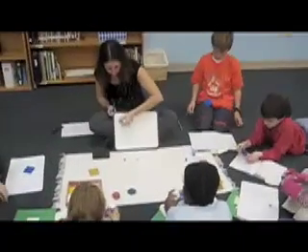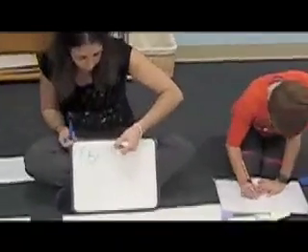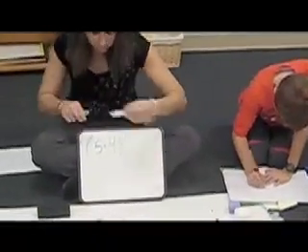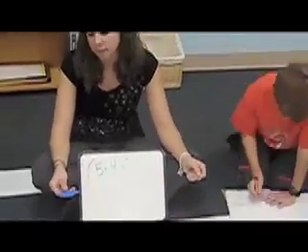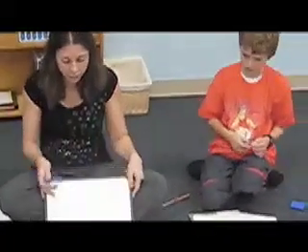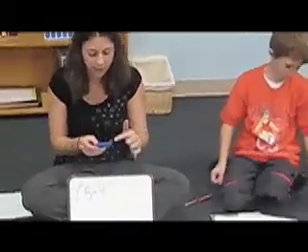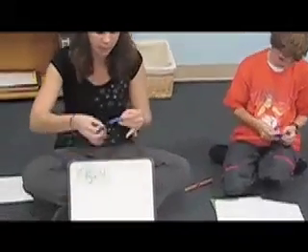So on your paper, write 5 plus 4 squared. Now, when you're looking at your square, you need to count over 5, just like we did. 1, 2, 3, 4, 5. Put a rubber band.